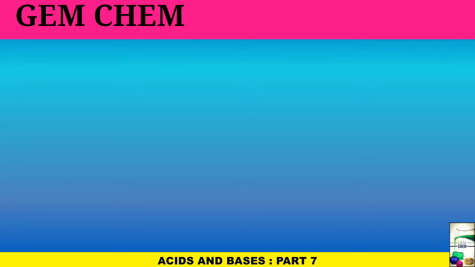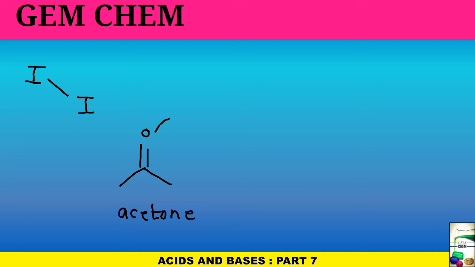Let us see. If you draw iodine, here is iodine, and we have an acetone-like structure. We are considering acetone here as the donor solvent. So it has 2 lone pairs on oxygen, right? Another iodine is present here.